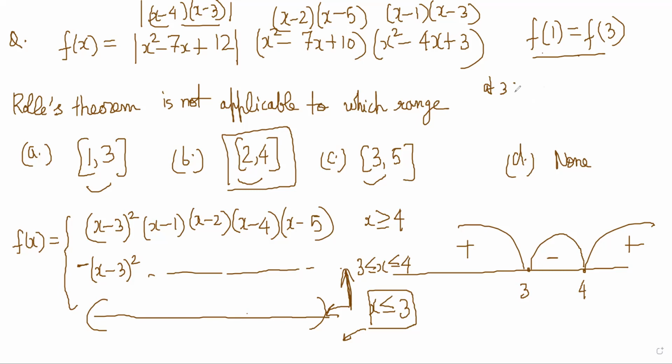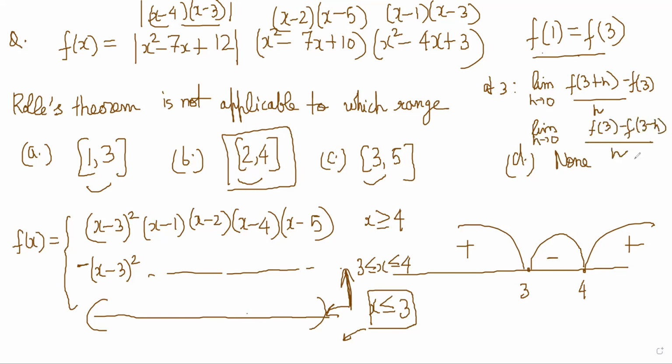Don't do that. At 3, to check differentiability, limit of h tends to 0, f of 3 plus h minus f of 3 by h. This should be the same as limit of h tends to 0, f of 3 minus h minus f of 3 by minus h.